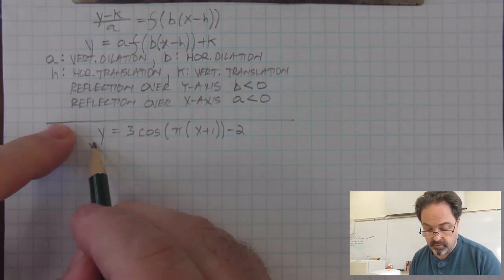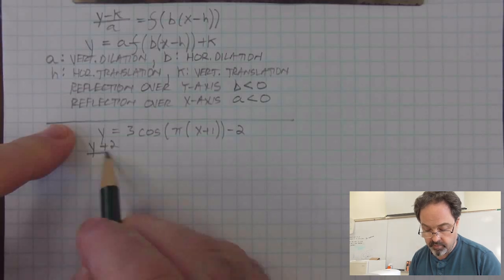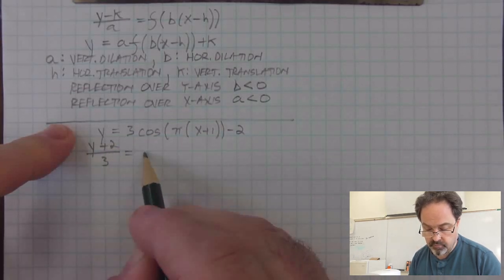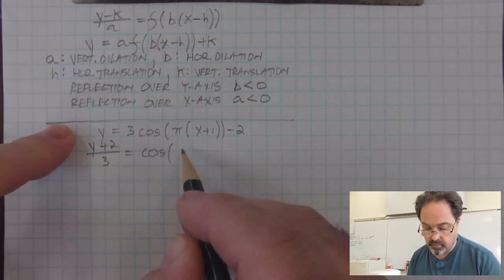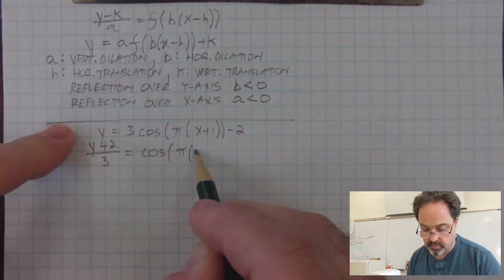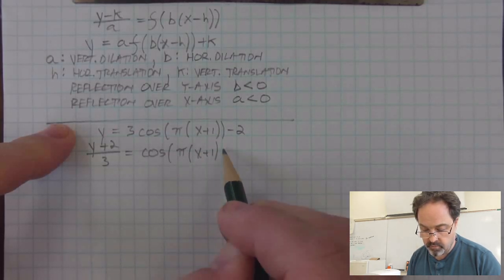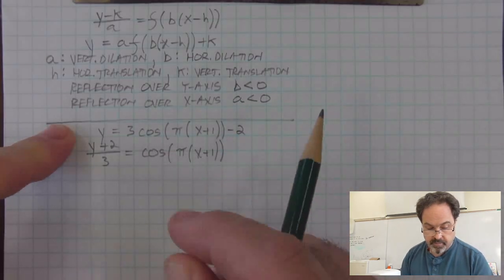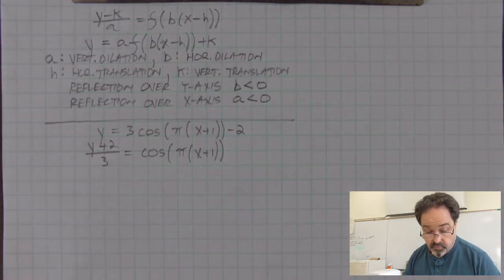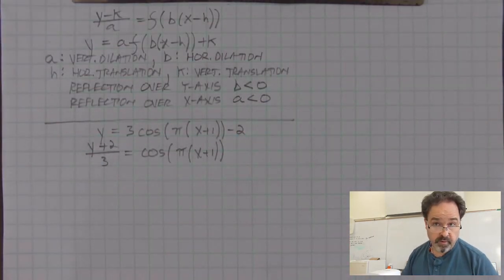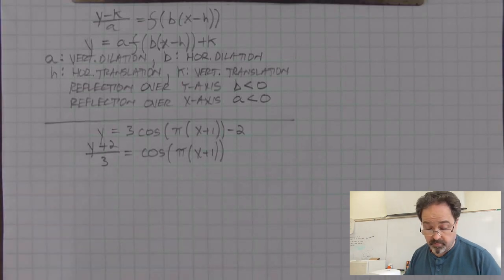When I do, I get (y plus 2) divided by 3 is equal to the cosine of pi times (x plus 1). Now I'm going to describe the transformations so I know how the cosine graph has been transformed so that it's much easier for me to graph.